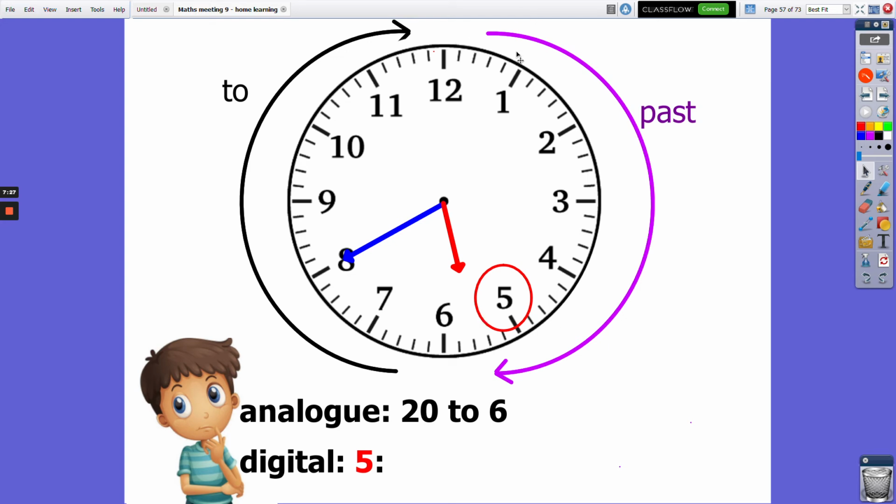Count with me. 5, 10, 15, 20, 25, 30, 35, 40. We have travelled 40 minutes past the 5. So our digital time there is 5:40. Well done if you got the analog time, well done if you got the digital time, and well done if you got both. It's a bit of a challenge. Okay, let's move on now.